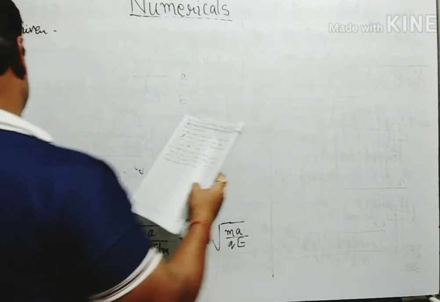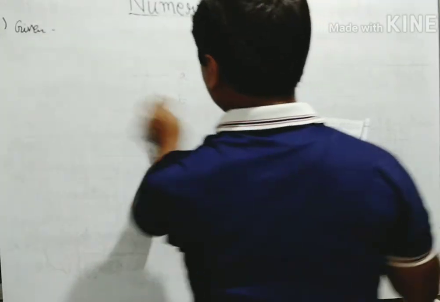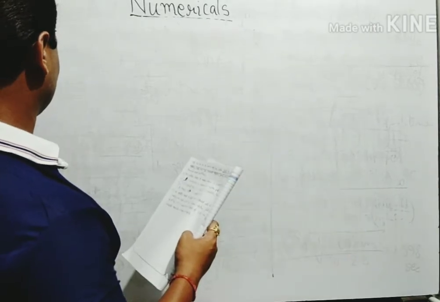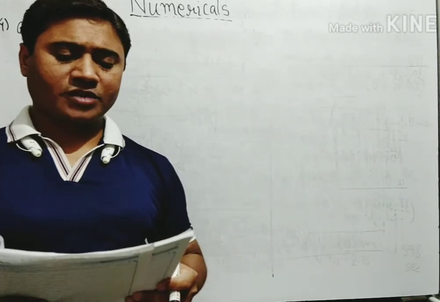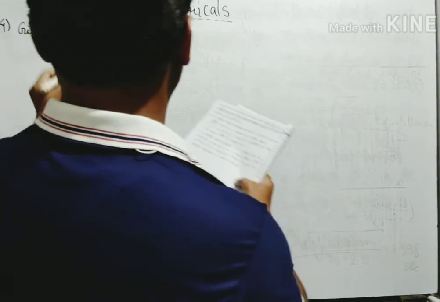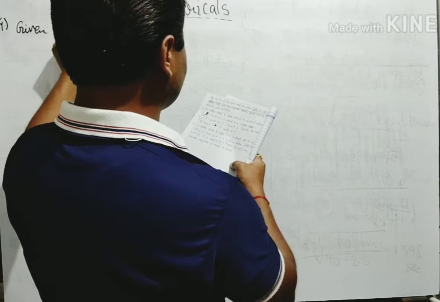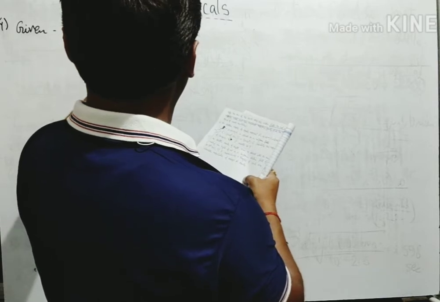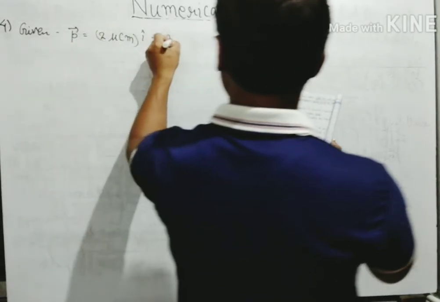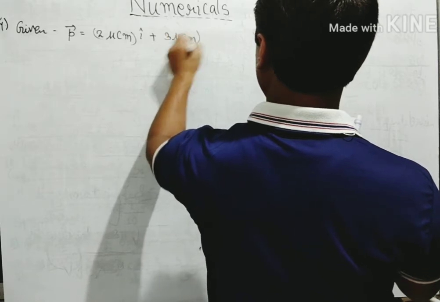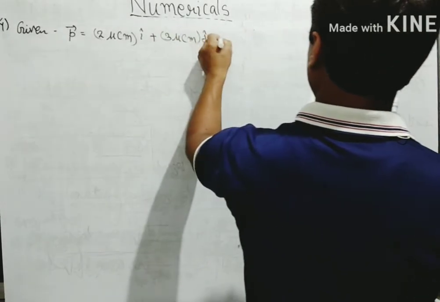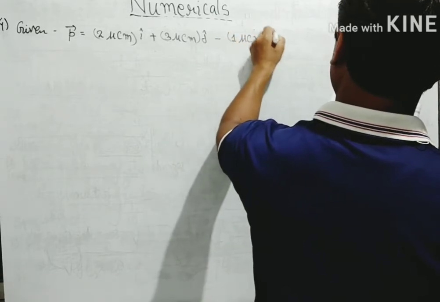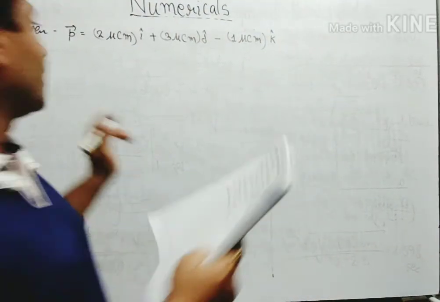So the fourth question we are taking now. An electric dipole of dipole moment vector P is 2 microcoulomb meter i cap plus 3 microcoulomb meter j cap minus 1 microcoulomb meter k cap is placed in a uniform electric field.